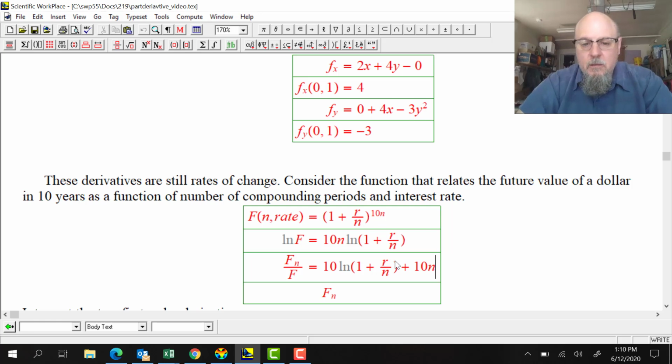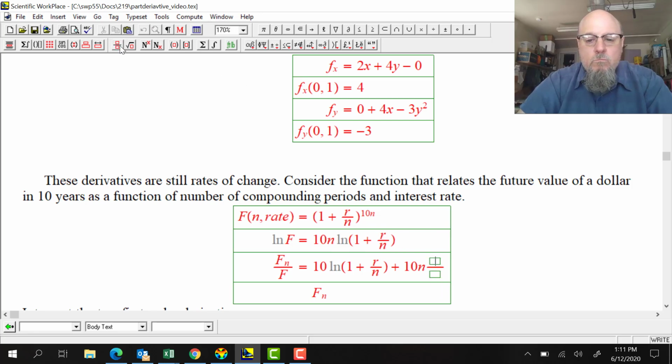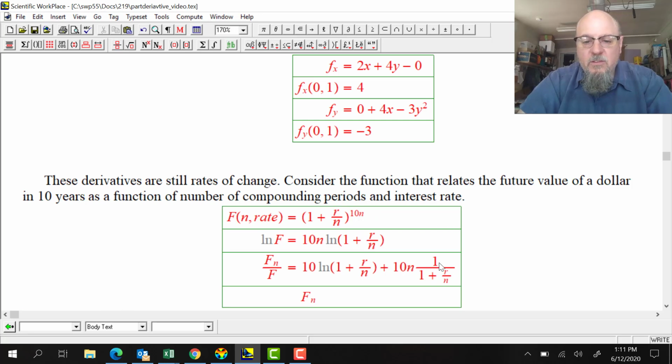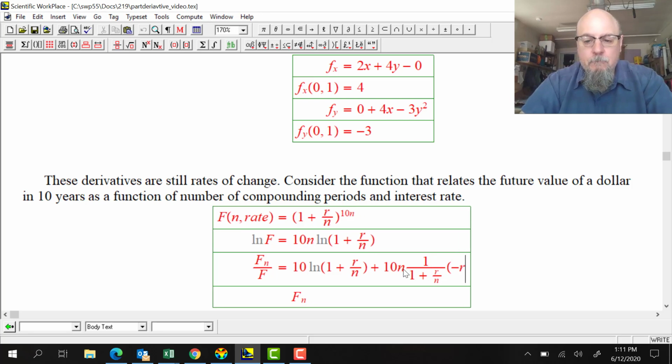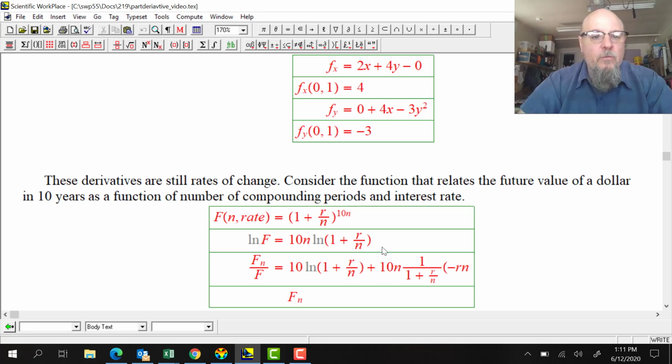Leave the 10n alone. Now I'm differentiating this piece, so that's going to be 1 over 1 plus r over n, times the derivative of what's inside. What's the derivative of this piece with respect to n? That's r n to the minus 1, so the minus comes down, subtract 1 from the exponent.